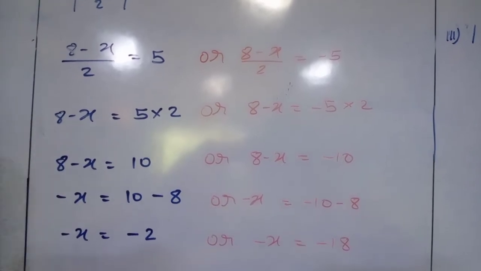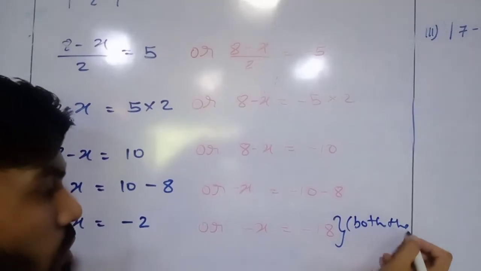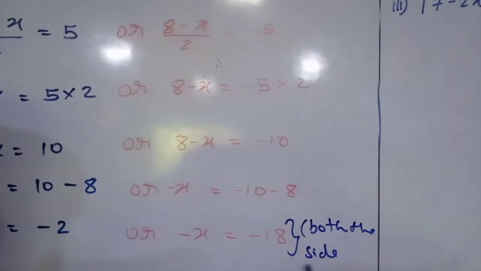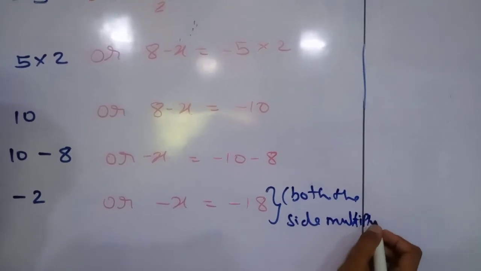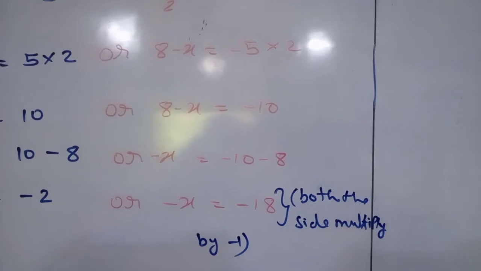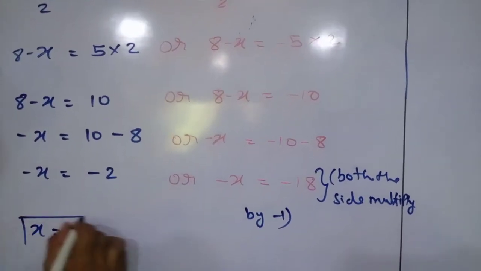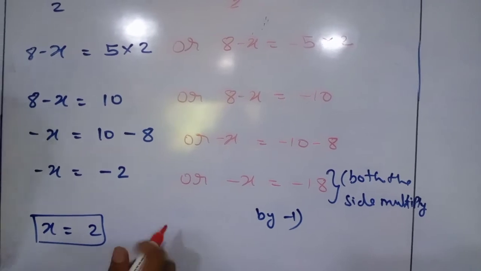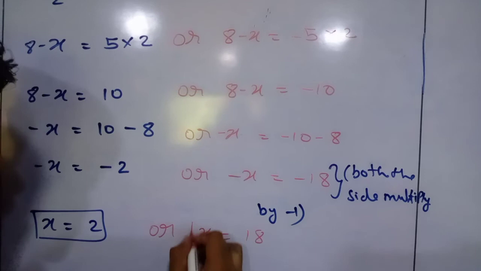So here, both sides multiply by minus 1. Yes, so it will become x is equal to 2, or here also x is equal to 18.